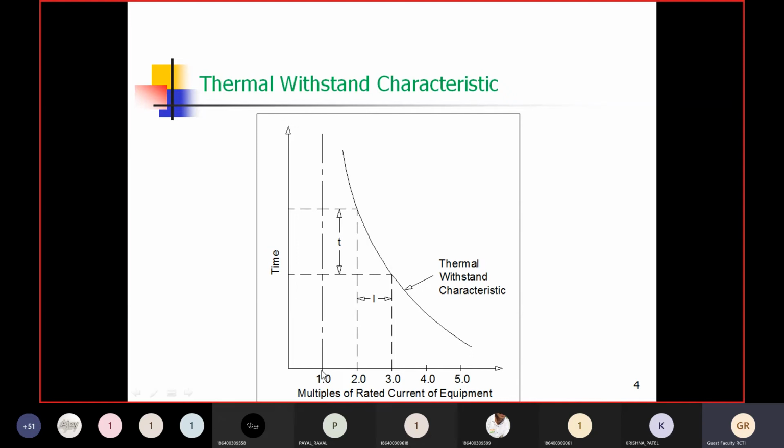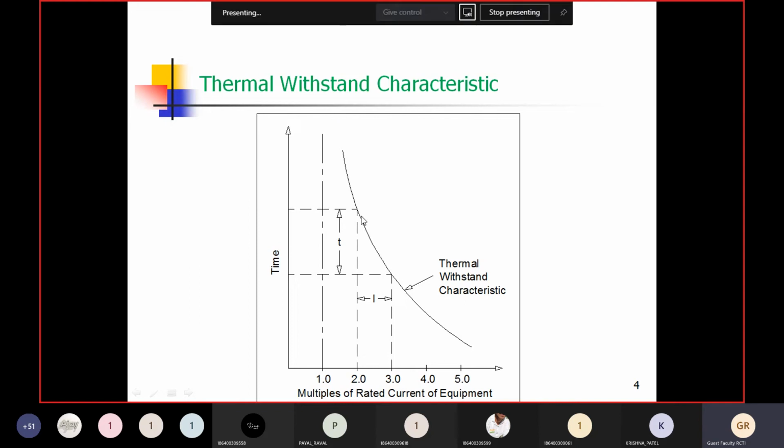So if I try to draw a vertical line at 1 and extend it up to infinity, you can see that this curve is not going to cross this vertical line at any moment.